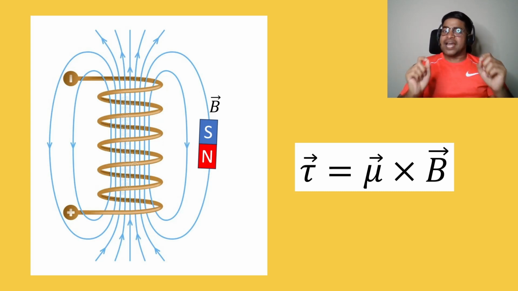Mu is the magnetic dipole moment of that tiny magnet, which indirectly represents the magnetic field strength of that magnet, right? Now, as a designer, I want to maximize the torque production at minimum input. What is the input that I am giving? The current value, right?